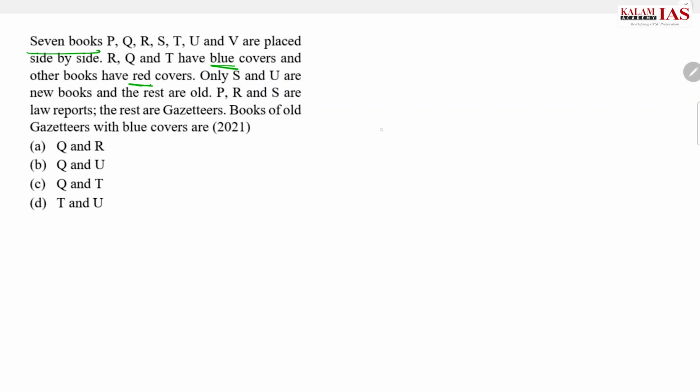So we are just listing down the 7 books: P, Q, R, S, T, U, V. Now blue color books are R, Q and T. This is blue, and this is blue. And other books have red color. Red, red, red and red. 3 books are blue and 4 books are red.